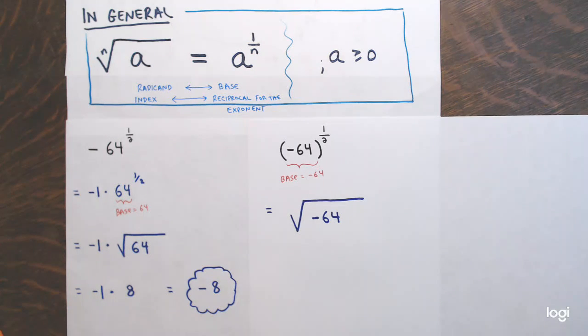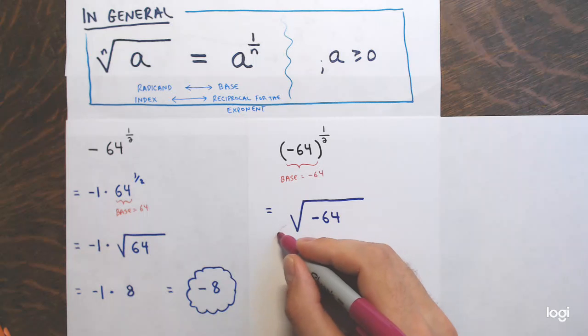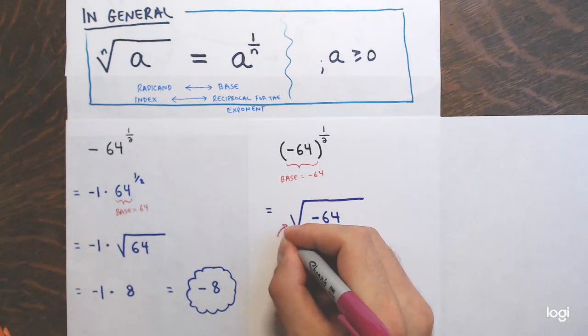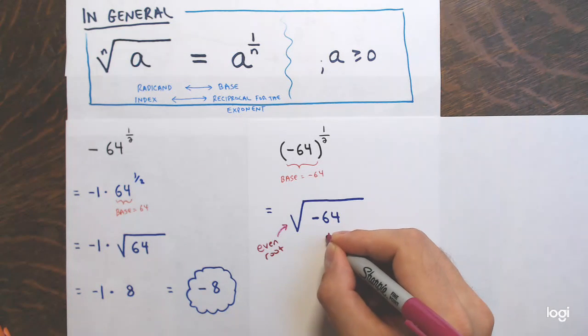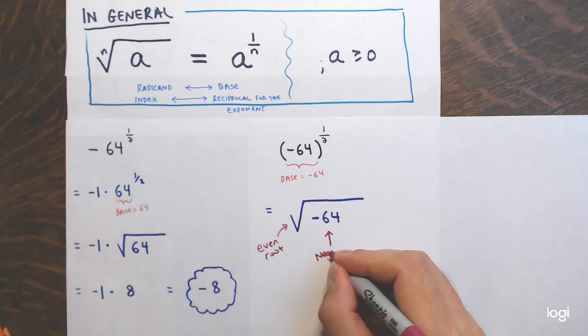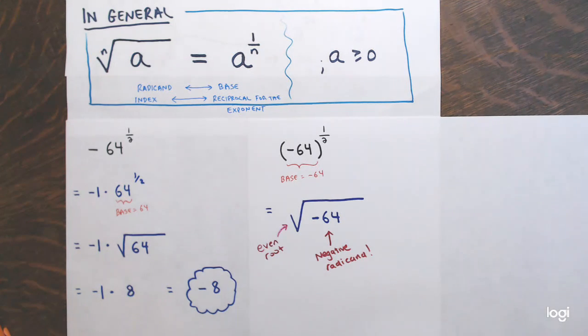And there is a big problem here this time. I'm taking an even root, a square root. But the radicand is negative. That is a problem. Remember, this is not a real number. I've done this in other videos. There's no real number that when you square it gives you a negative number back, right?